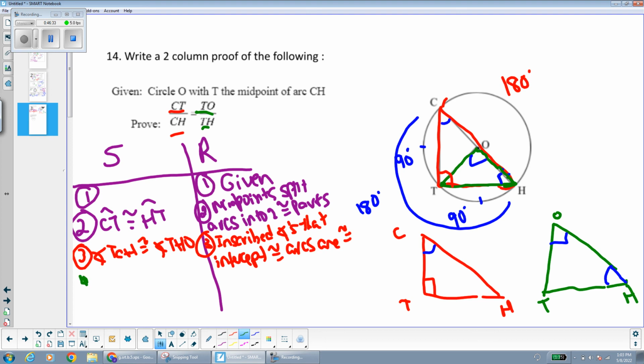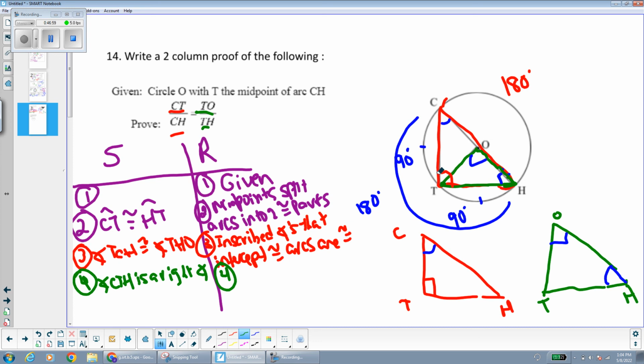From there, we can then say that angle CTH, this angle here, is a 90-degree angle, is a right angle.